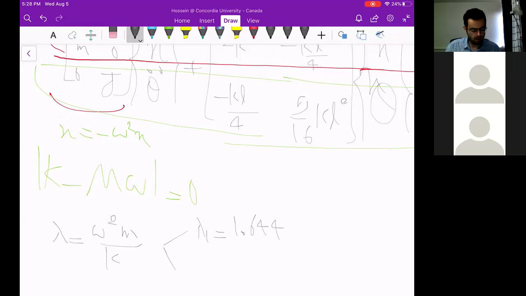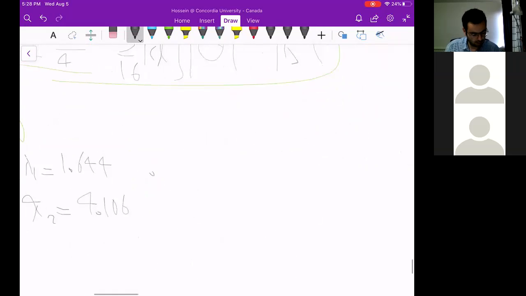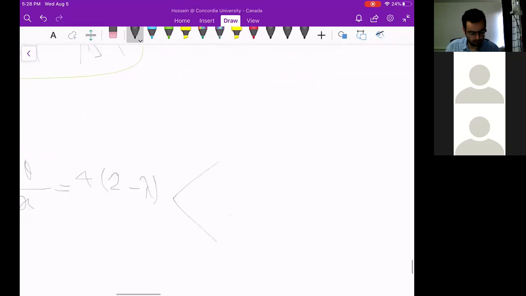Therefore, omega would be omega n, right? Lambda 2 is 4.106, and the mode shape L theta over X is 2 minus lambda. The first and second mode would be 1.424 and minus 8.424.